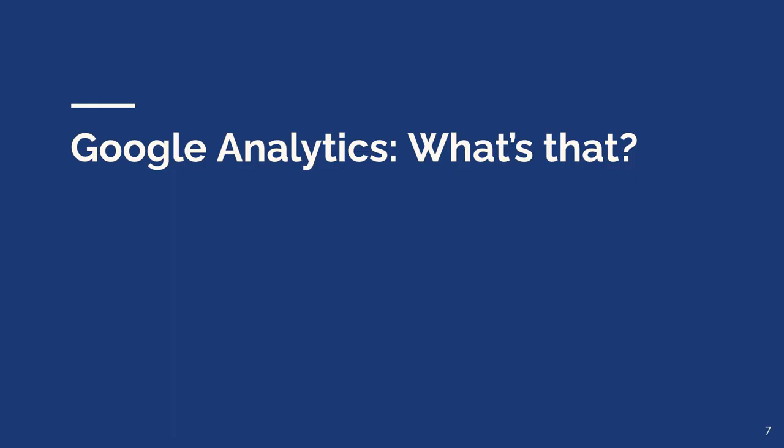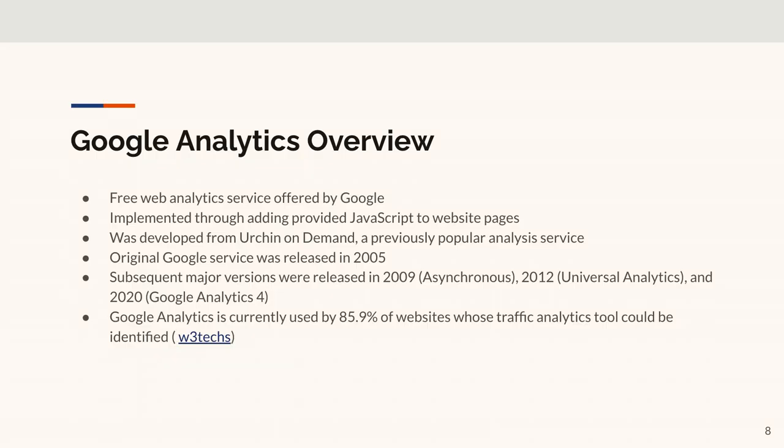So, Google Analytics, what is it? Highest level, it is a free analytics service offered by Google. It's implemented in some way or another by adding some JavaScript to the pages of their website. Page loads, JavaScript runs, stuff is tracked. It's originally developed from Urchin on Demand, which was a turn of the last century analytics service, but very popular.